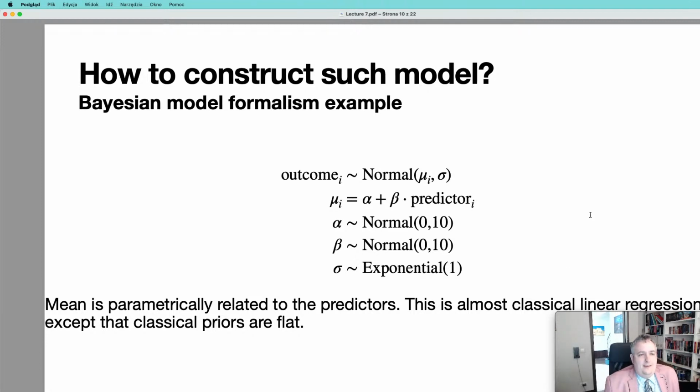And this formalism says generally that each of the outcome measurements is normally distributed with respect to a certain mean and a certain standard deviation. Look at it, however, that those means corresponding to each outcome are also indexed. Why? Because they are related to the predictors. Each of those means is a function of predictors. So in our case, we have an intercept, which is a standard name in statistics for such behavior.